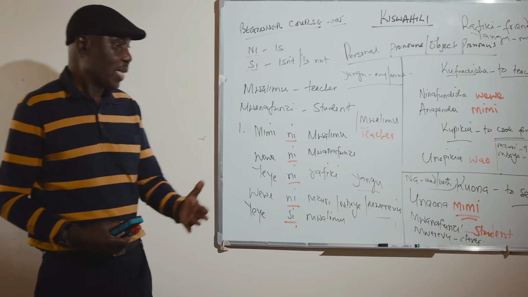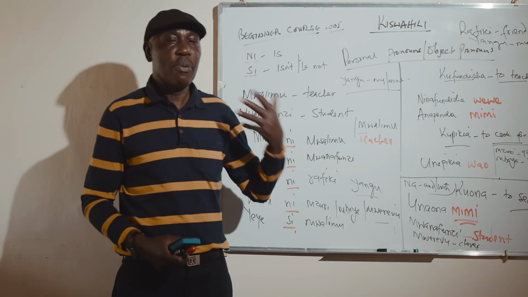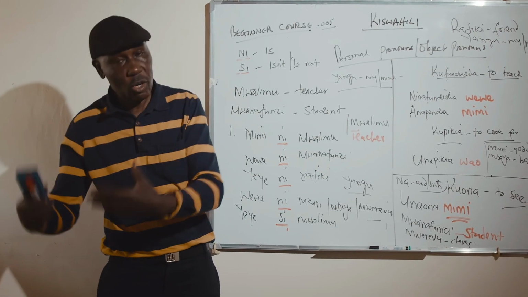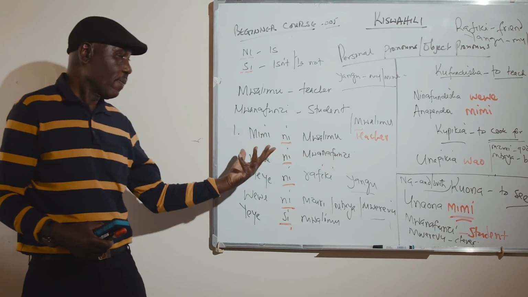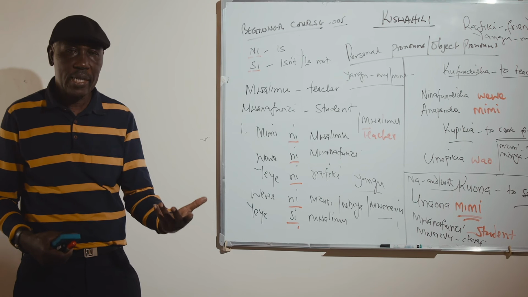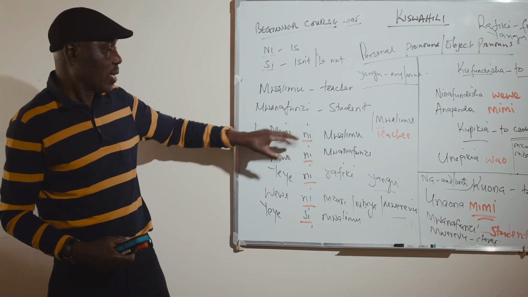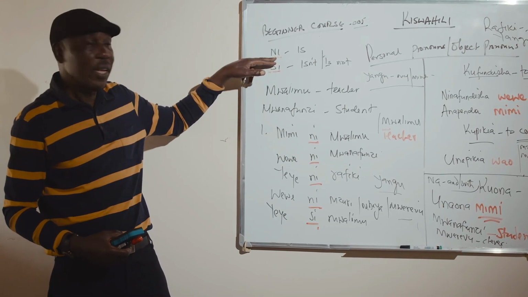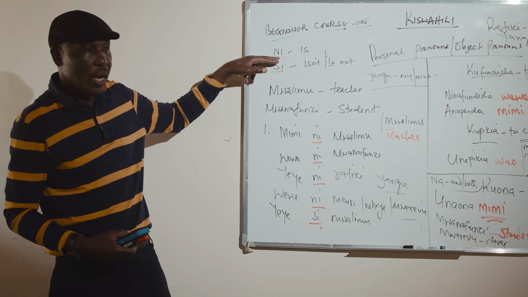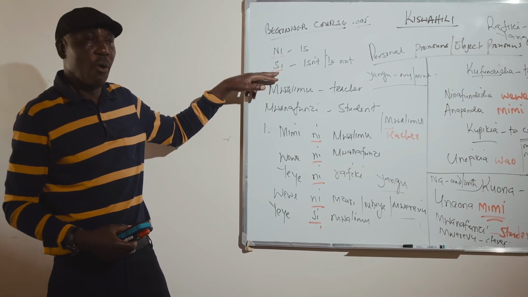So basically I'm going to tell you that apart from using the object pronouns or other personal pronouns as objects of the sentence, we also use them as subjects. But whenever we use them as subjects, we use them with the verb to be, ni, or si, which is the opposite.